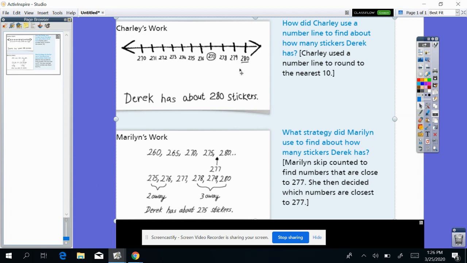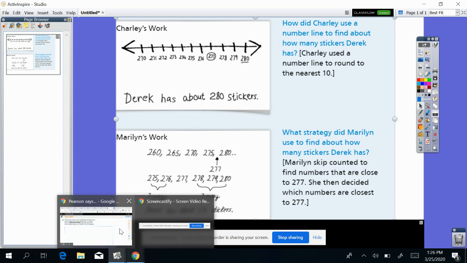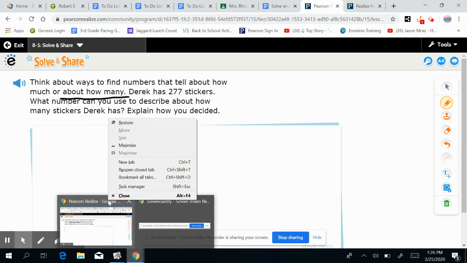So Charlie actually rounded to the nearest 10. Looking at Charlie's work, that is more similar to what we're going to be working on in this lesson, rounding to the nearest 10. When you look at the visual learning, they use a lot of number lines to help with rounding to the nearest 10, as a strategy to use.